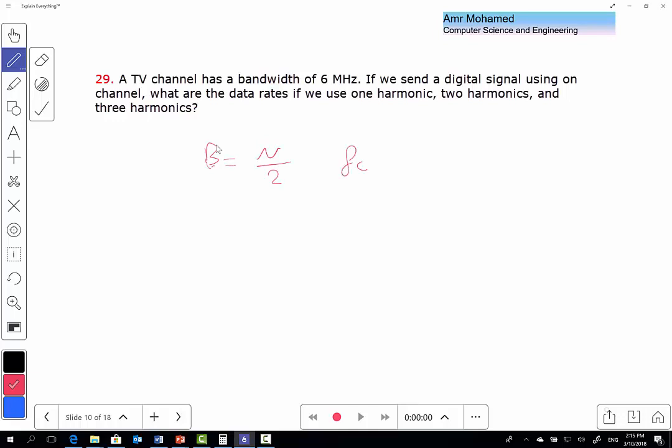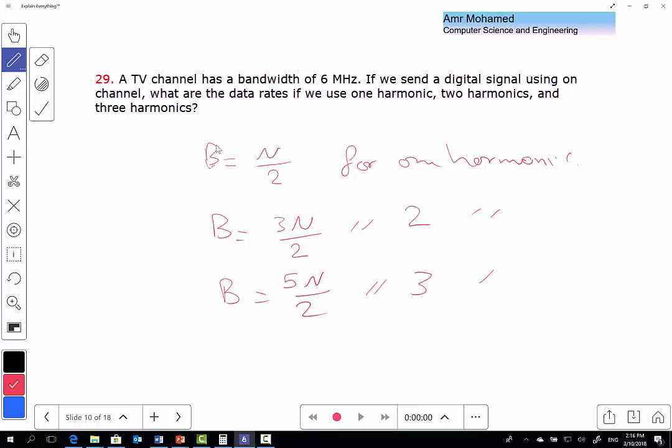For two harmonics, we said that the bandwidth is equal to 3n over 2. And for three harmonics, we said that the bandwidth equals 5n over 2.